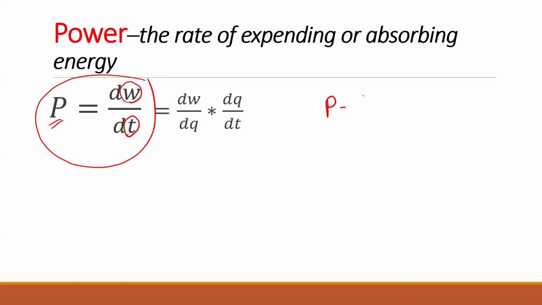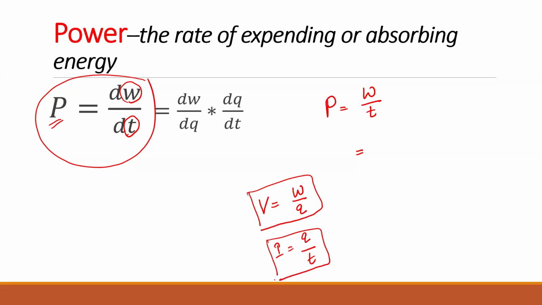In the previous slides we discussed that voltage is energy divided by Q, and current is charge divided by the time. So energy divided by the charge and charge divided by the time is voltage and current.